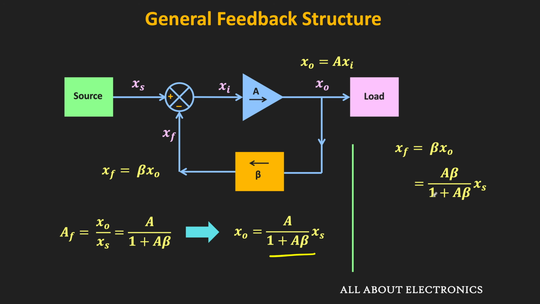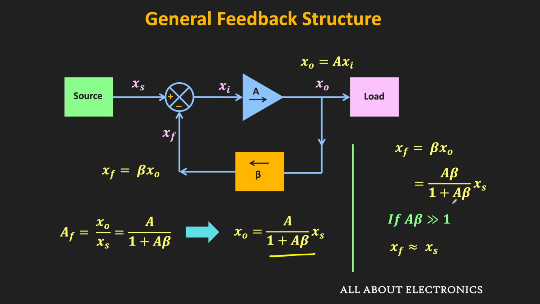So further we can say that the feedback signal Xf is equal to A beta divided by 1 plus A beta times Xs. If A beta is much greater than 1, then the feedback signal Xf is almost the same as the source signal. That means if the loop gain A beta is much greater than 1, the feedback signal Xf is almost identical to the source signal, and because of that the difference between them is almost 0.